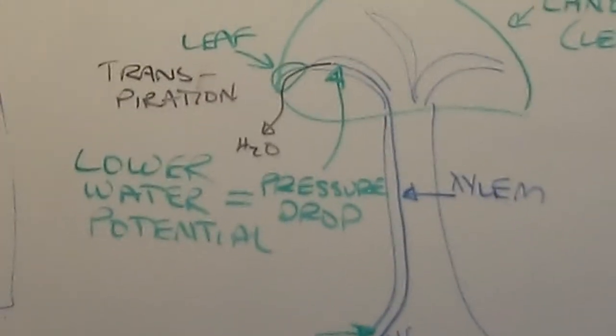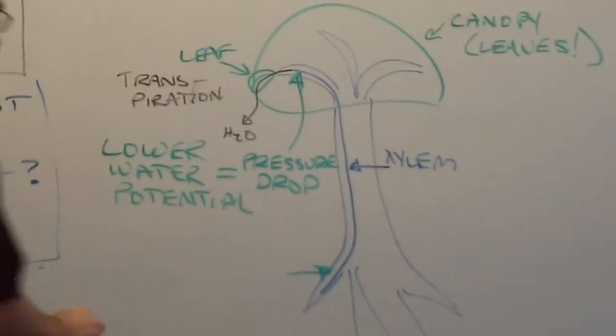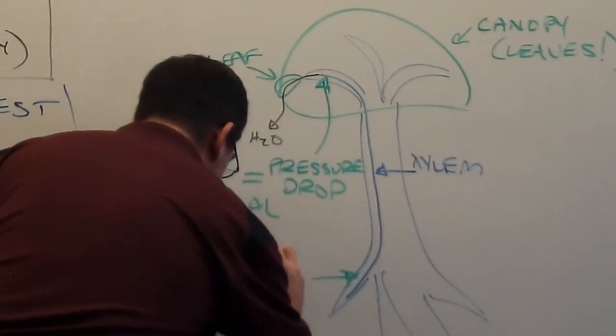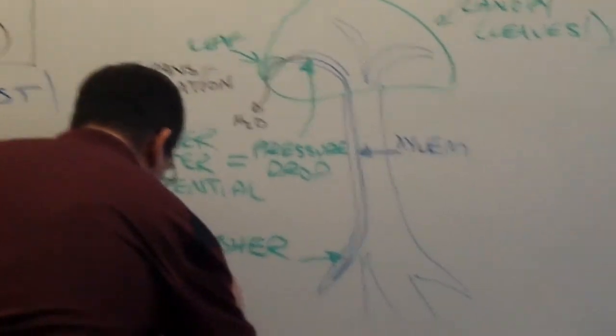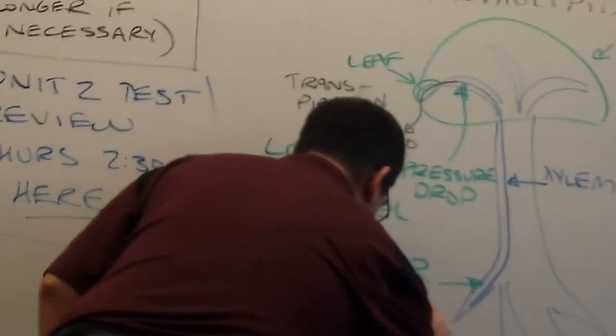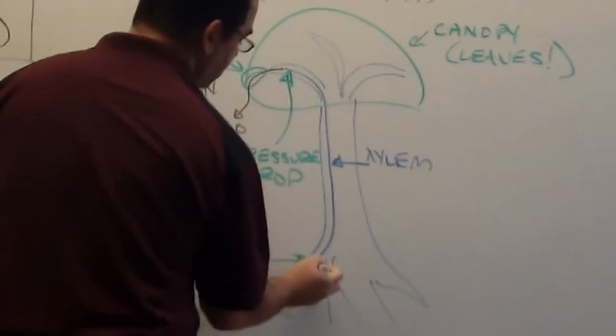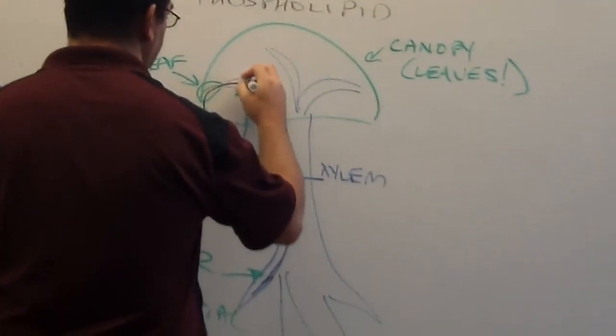Which means down here, what do you have? If this is lower, higher water potential. In what direction is the water going to flow? There you go. See, it was just that easy.